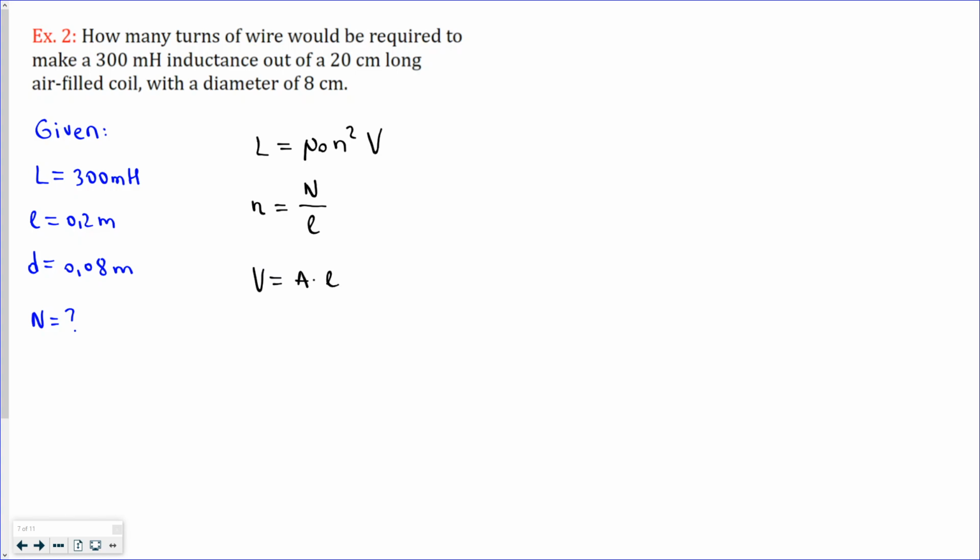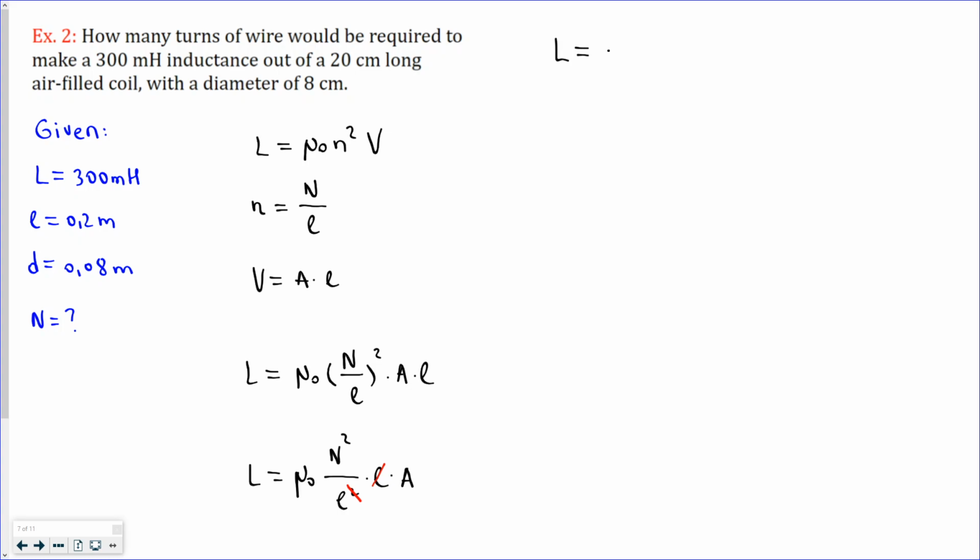If we put it into this equation, we have this kind of expression, N over L squared times A times L. And if we take the square, we have N squared over L squared times L times A. I've just replaced the volume with L and A. So the L here can be cancelled and we have this kind of equation.